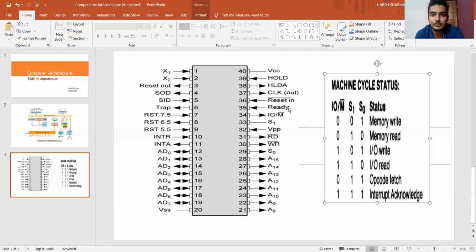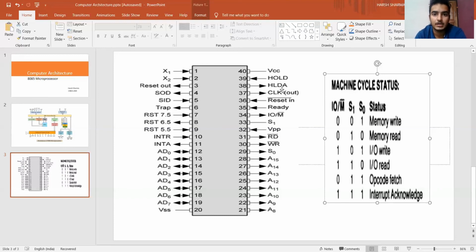So first we will discuss ready, that is pin 35. It will tell whether the microprocessor is ready to do the work or not. Like all pins are at the right position and they are working rightly. That is the acknowledgement by ready, pin number 35.